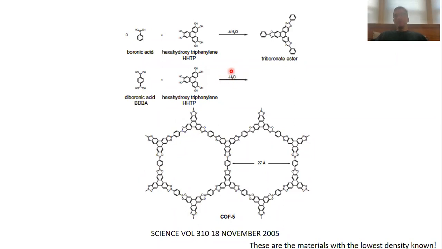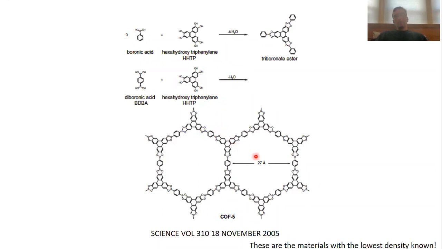Again, that's tunable by adjusting the ratio of the liquid phase in comparison to the gaseous phase. So again, the water can make a nucleophilic attack on the boron-oxygen bond, thereby cleaving it, and that process is reversible.